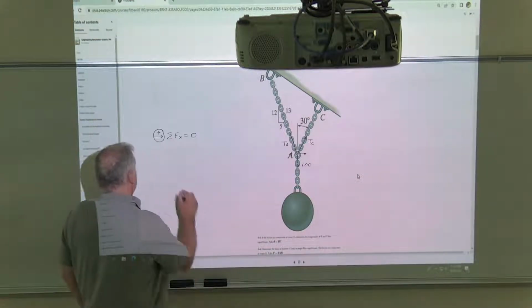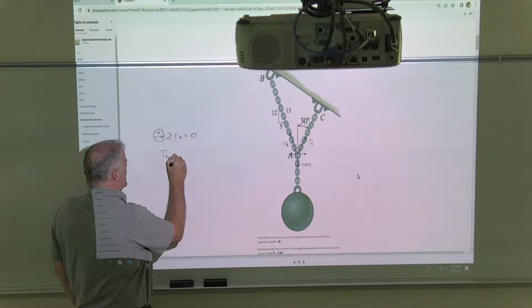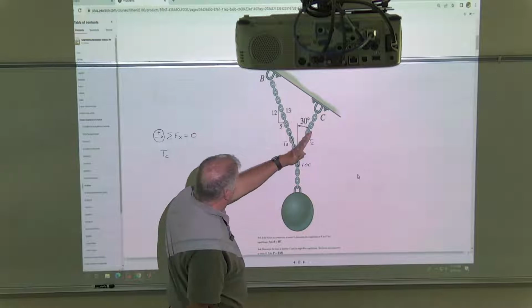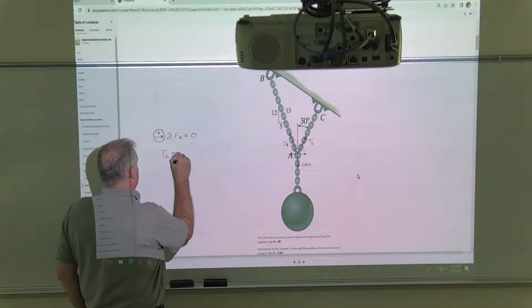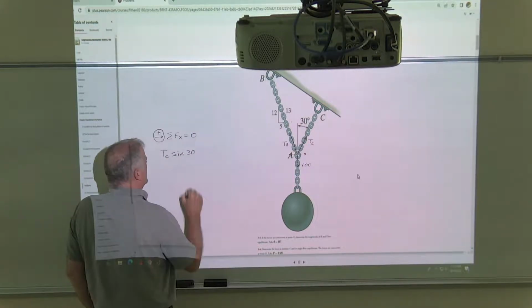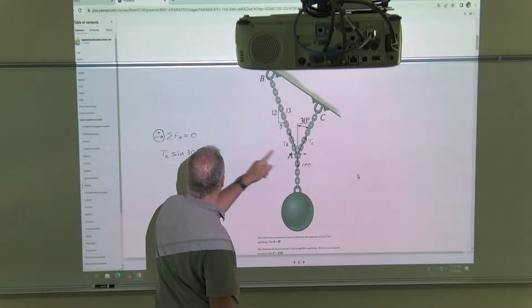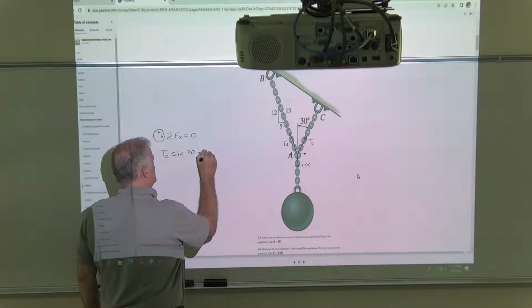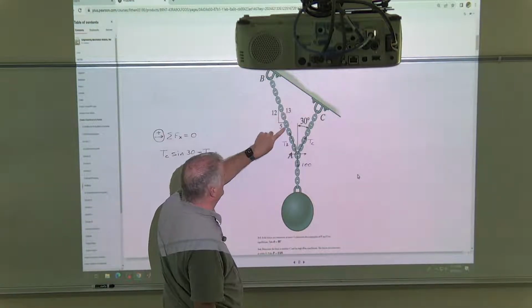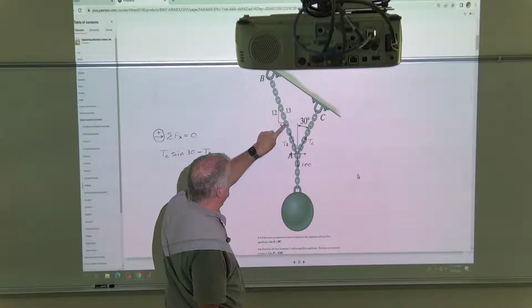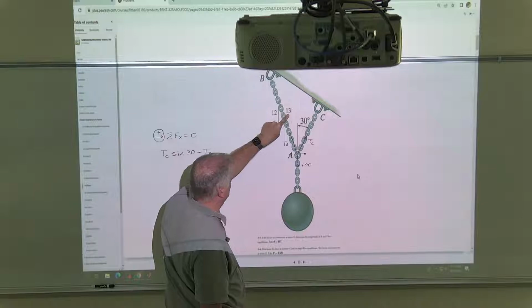And so what you get is, I'm gonna do the C first, TC times the sine or cosine, okay. So the cosine will draw it here, so the sine will do the other one. Sine of 30? That'll be the component going that way. The other one is going the other way, minus TB. Now, instead of giving me an angle, he gave me the 5, 12, 13. This is one of those few that's integer, like the 3, 4, 5. So if you do that squared and that squared, take square root, you get that.